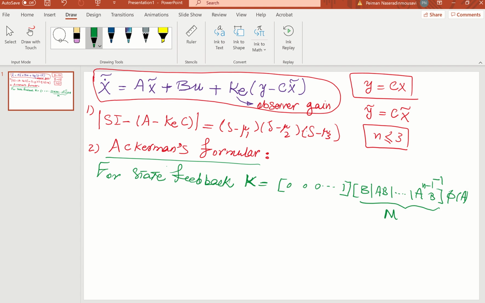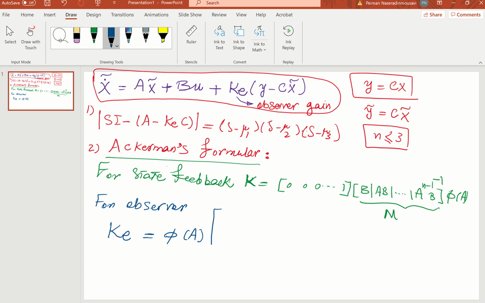So exactly the same for the observer gain matrix Ke.